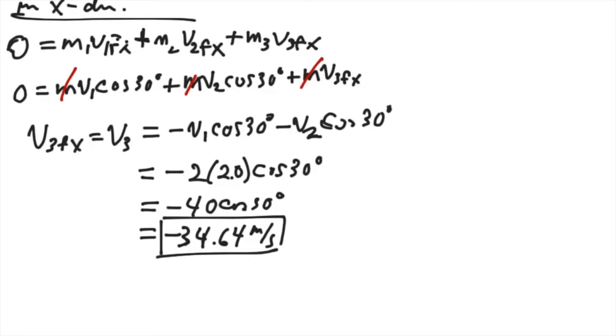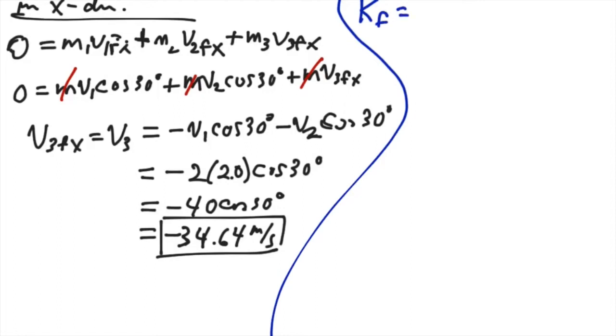Now with this final velocity, we can find the kinetic energy of the system after the explosion. So here's our pure kinetic energies after the explosion. Our final kinetic energy is going to equal 1/2 mass 1 v1 final squared plus 1/2 mass 2 v2 final squared plus 1/2 mass 3 v3 final squared.